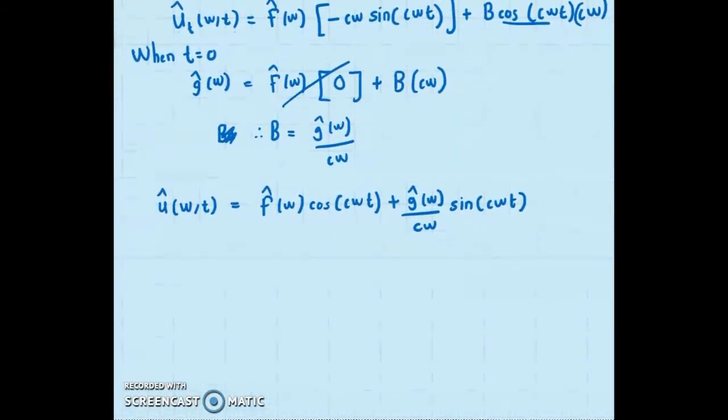Okay, we are nearly there. Now all we have to do is find u x t. Then we have to take the Fourier inverse transform of this equation here.